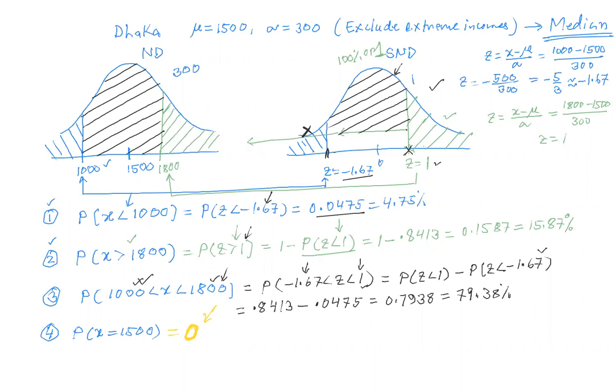Because you have a height, right? But the width is 0 for a single point. Therefore, 0 times a fixed number is 0. So the area is 0, which means the probability is 0. It's a consequence of the definition of probability in the continuous case that the probability of a single point is 0.